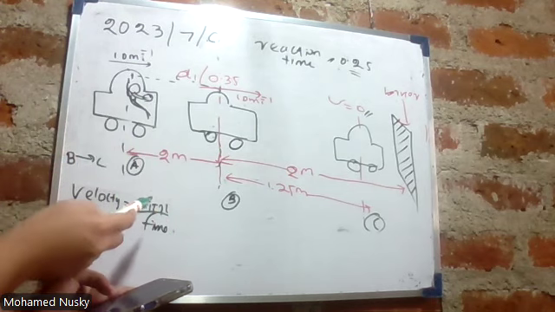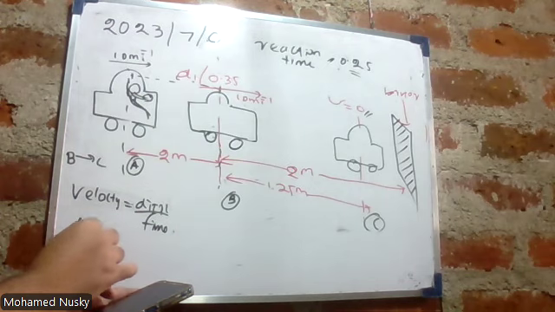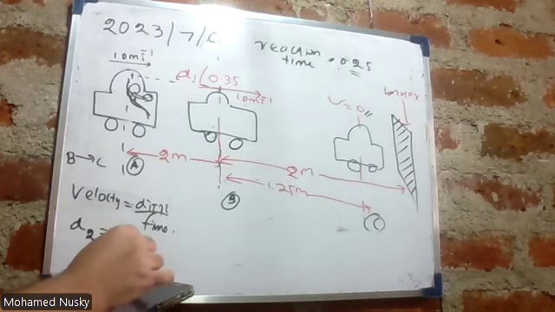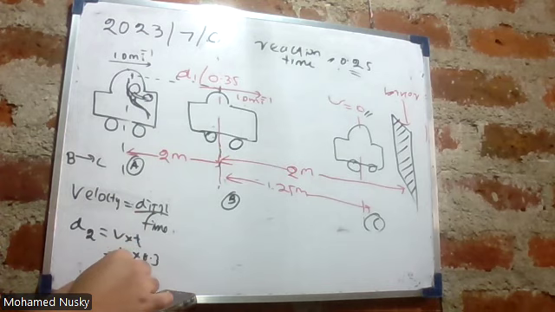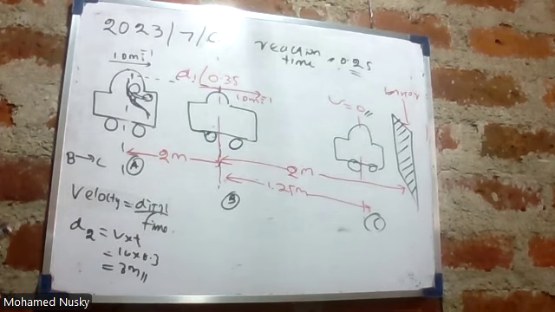So what is the distance traveled? Let us take this as d2. d2 is velocity into time, 10 into 0.3, that is 3 meters. So 3 meters now. Now he has moved a distance of 3 meters.